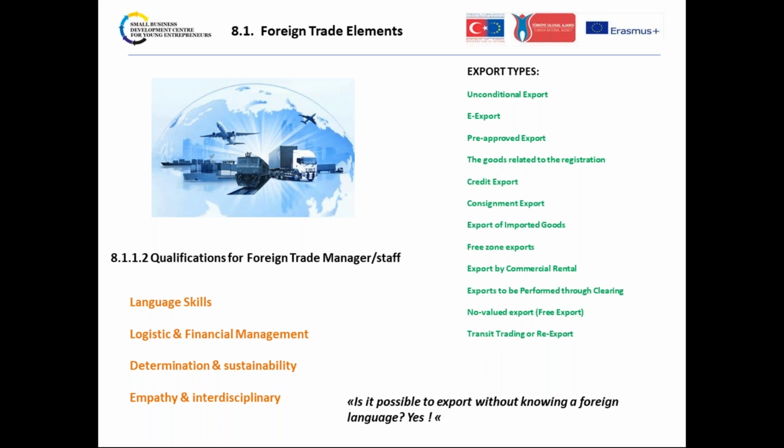So when I want to export to the European Union, I need to control the money amount in euros. If you do not check the euro and Turkish lira rate in your country, that means you may or may not have profits. So you need to be careful on these financial issues also.